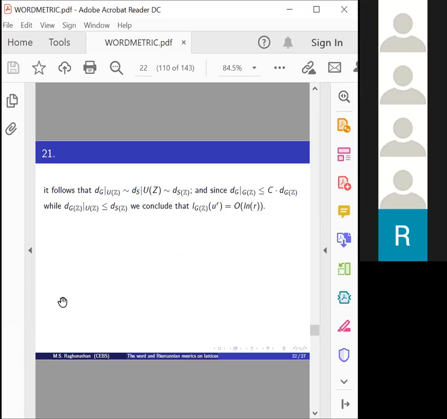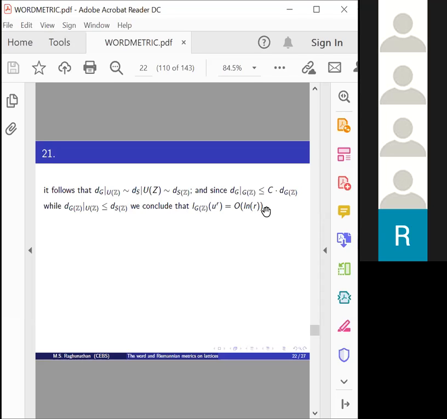So it follows that dG, the distance function of G restricted to UZ, is Lipschitz equivalent to dS restricted to UZ. And since dG restricted to Z is less than c times dGZ, you find dGZ on UZ is less than dS. We conclude that lGZ of u power r is O of ln r, logarithm of r.